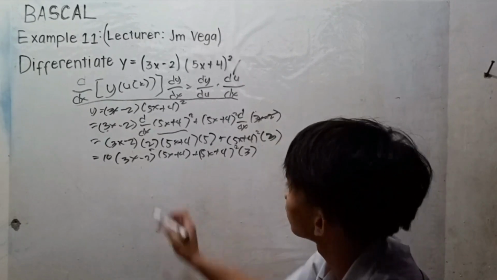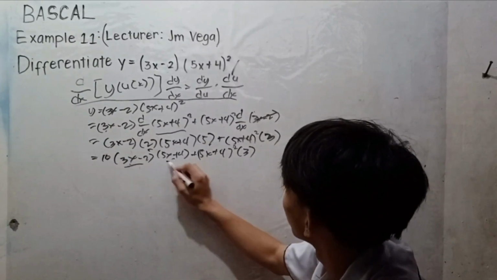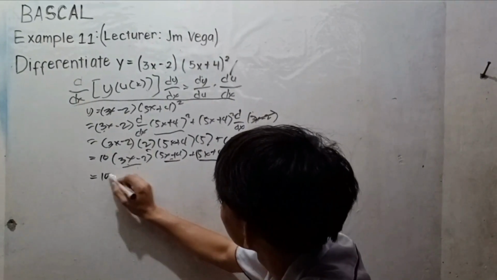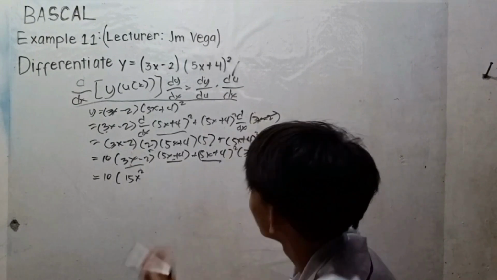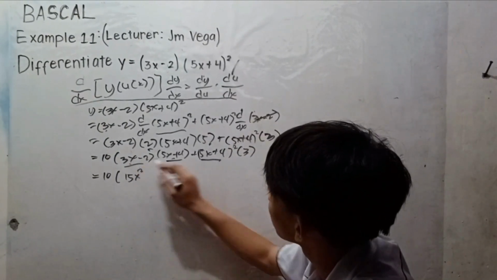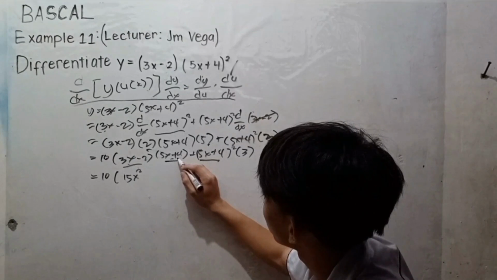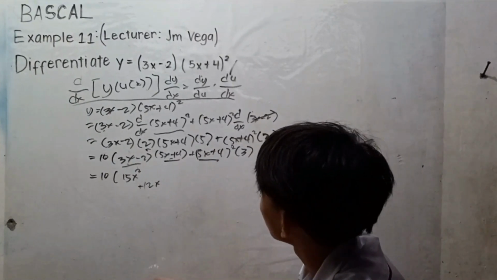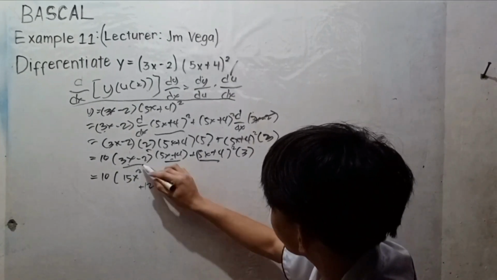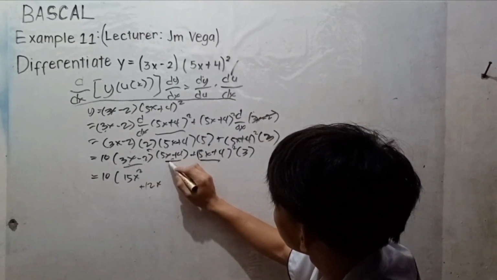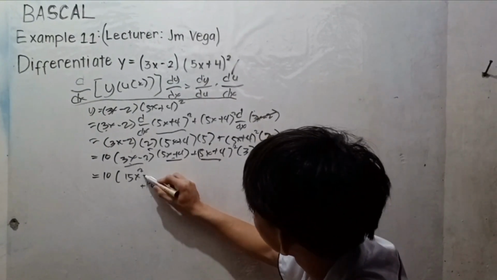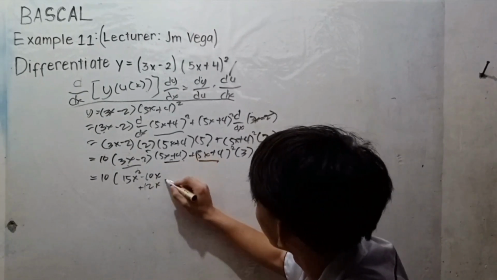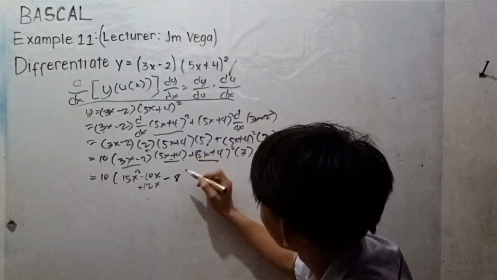After that, we'll just solve this one and this one. 3 times 5 is 15x squared, and 3 times 4 is positive 12x, and negative 2 times 5 is negative 10x, and negative 2 times 4 is negative 8.